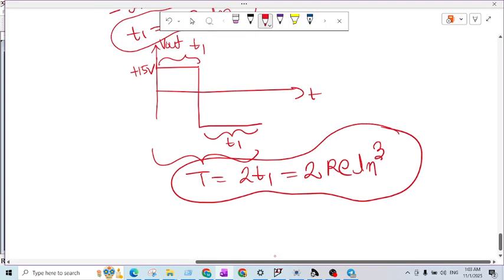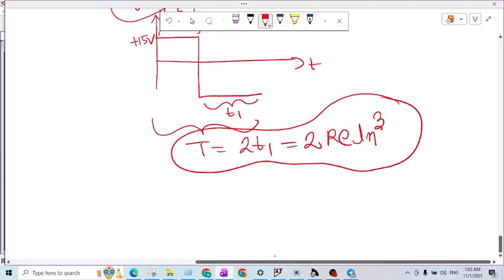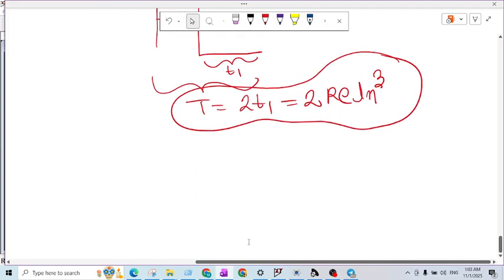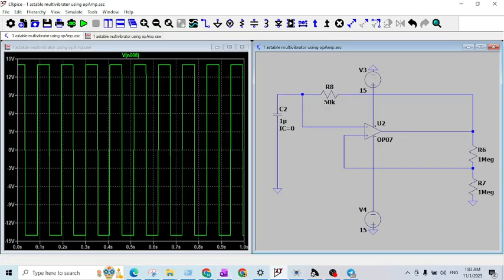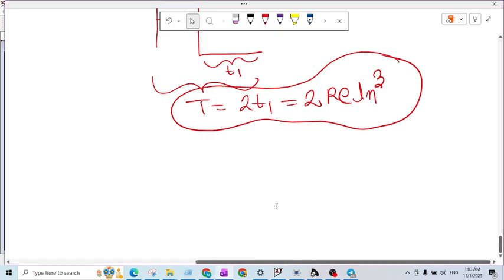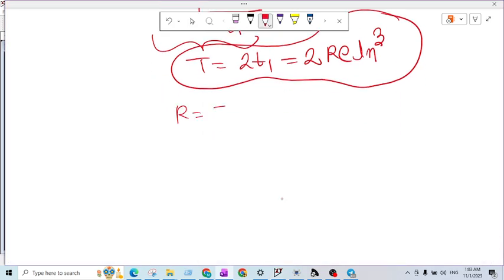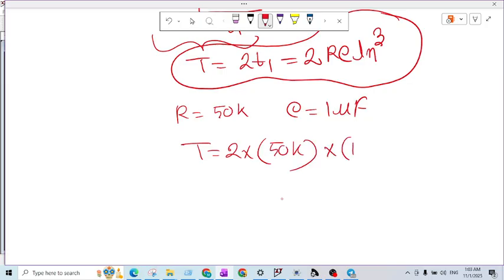Okay, so let's see whether that actually happens or not. What is my R? R is 50k and C is 1 microfarad. So T is equal to 2 into 50k into 1 micro ln 3.